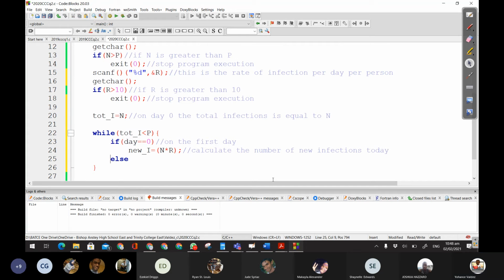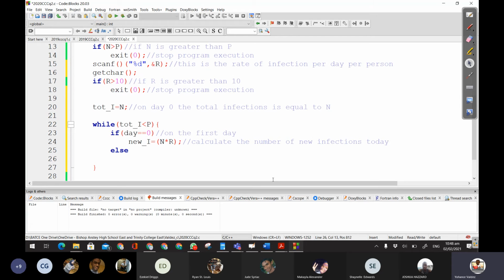However, on every other day, the new infections will create new infections. So we would say new_I is equal to new_I multiplied by R. That's not an R, that's a T. Okay?